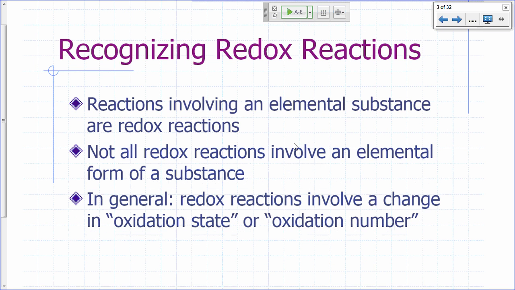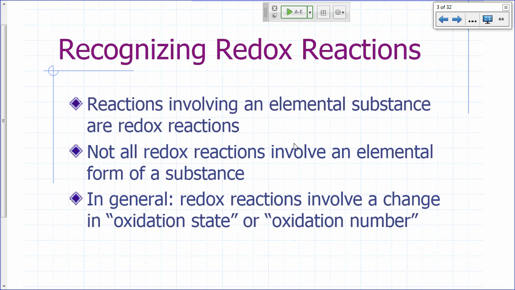So how can we recognize a redox reaction? If I gave you a reaction and asked, is this a redox reaction or not, you would ask, does it involve electron transfer or not? So how can you tell? Some redox reactions are simple enough to be easily recognized.